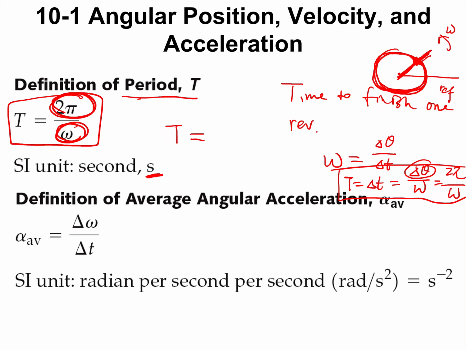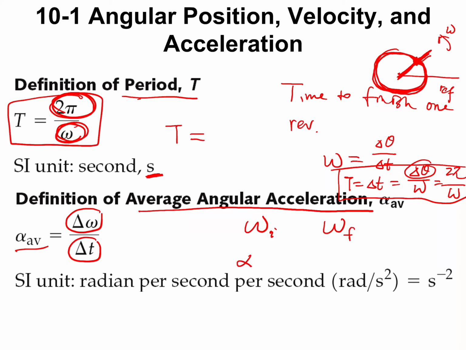After angular velocity, we will learn average angular acceleration. Acceleration describes changing velocity over time, right? So average means you see changing velocity over time. Just like if you turn the fan on, you see the blade rotate faster and faster, right? So start with omega i, and then omega f. Why is it rotating faster and faster? Because of the acceleration.